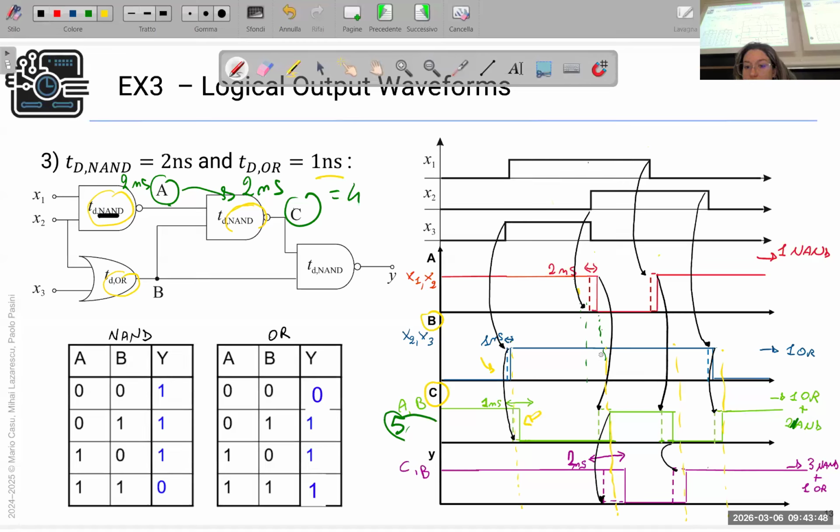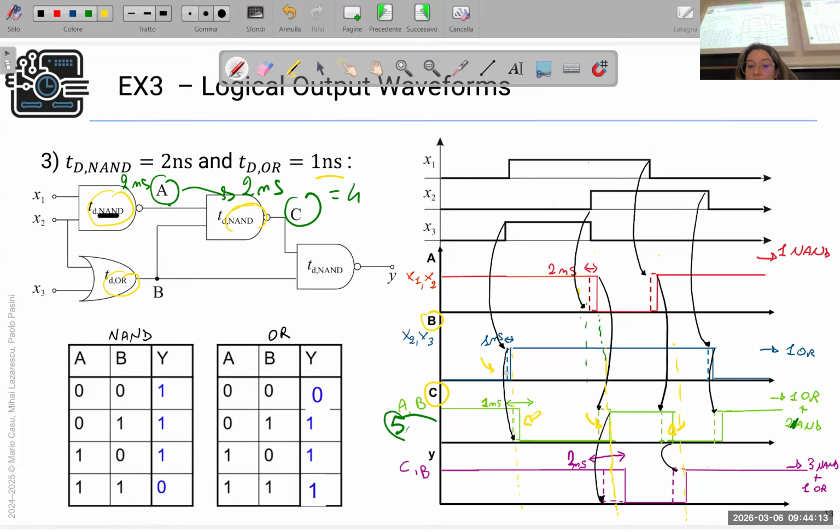Here, this does not change, so this caused the transition. This caused the transition, and both of them do not cause anything. Because the output still remains the same, right? Do you agree?